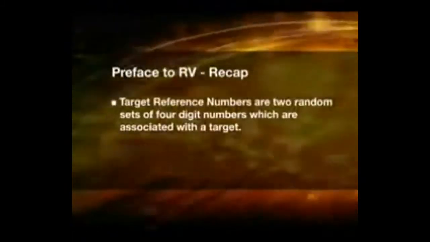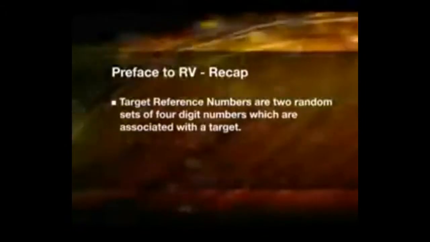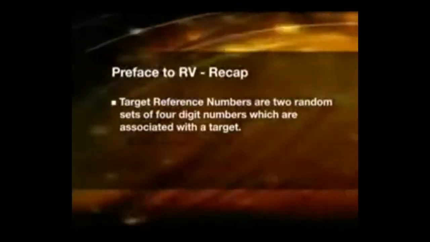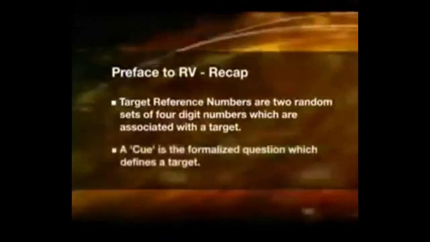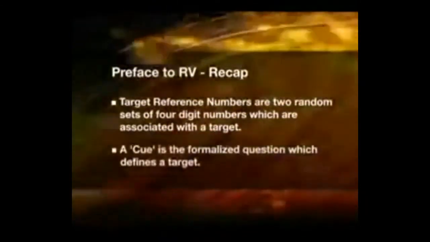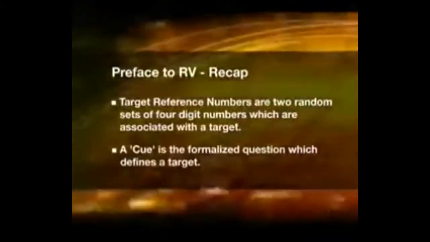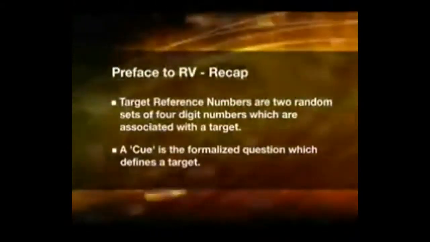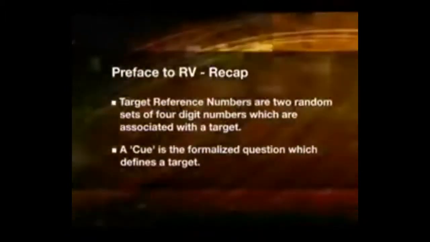Target reference numbers, or TRNs, are provided as 2 sets of 4-digit numbers for each target given. Target reference numbers are associated with the target by means of a cue. The cue is a formalized and structured means by which the problem or question you are seeking a solution to is written. Cueing a target is covered in detail on Disc 2 of the LearnRV DVD set.